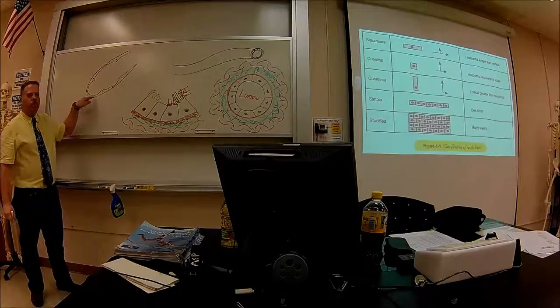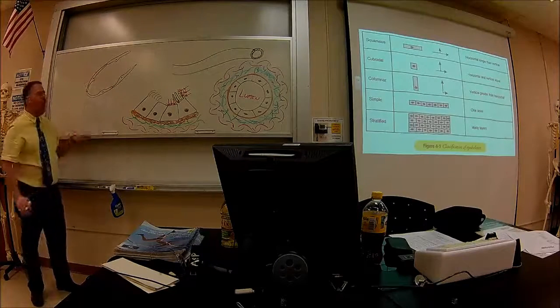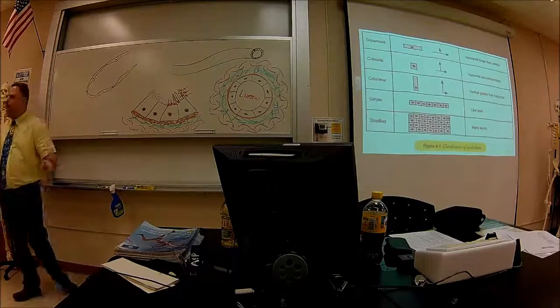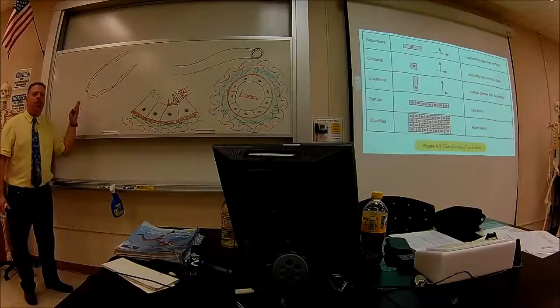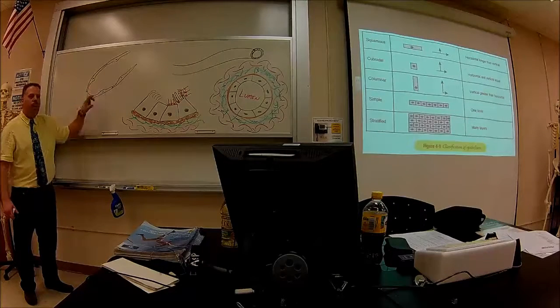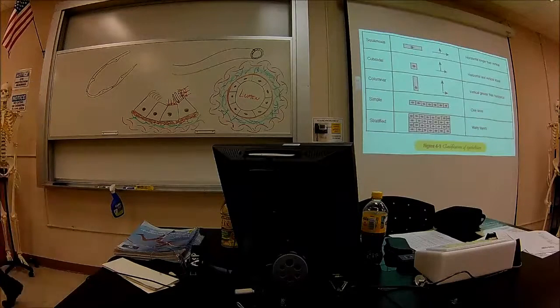One layer, very thin and flat. Remember, the dots I'm trying to show are nuclei, okay? Very thin. This is one layer, so we say it's simple. Because the cells are flat, we say it's simple squamous epithelium.